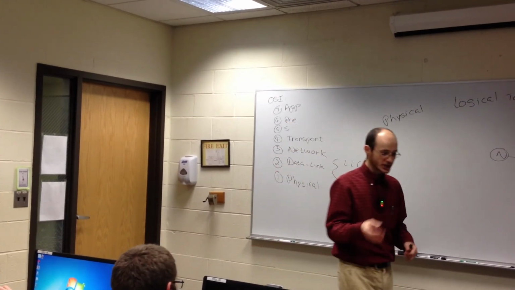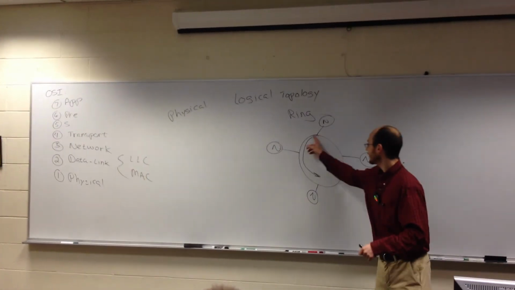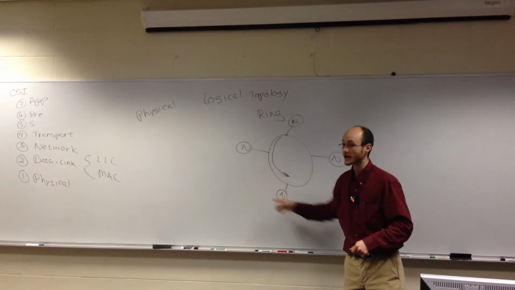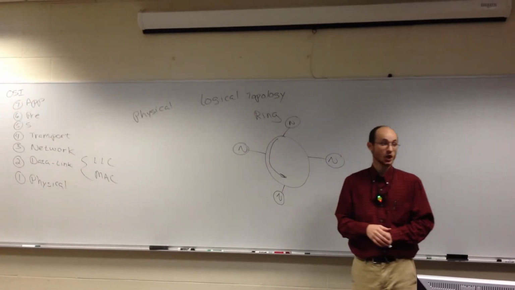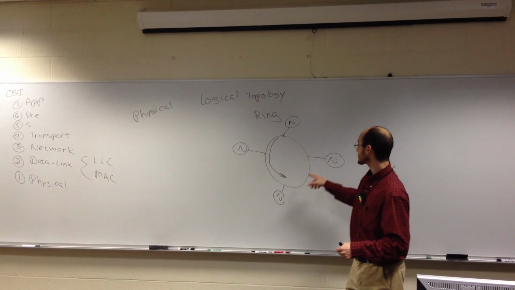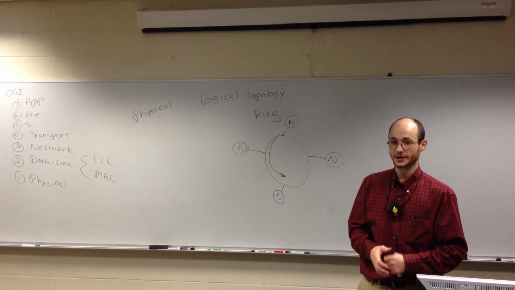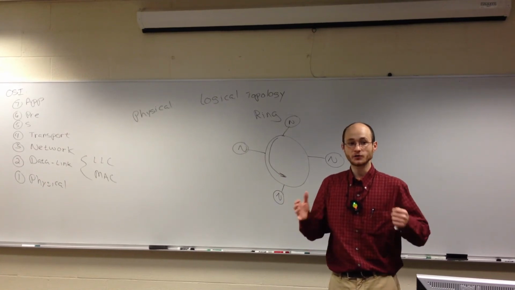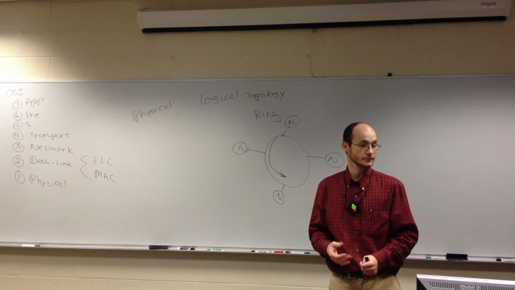If you have a yield sign, the only time you're allowed to go is when nobody else is on the shared pathway, when you can do it without getting in an accident. That's the right-of-way. We clear about that? So these devices are allowed to talk to each other only when they have a token. It's like a microphone. If you have the microphone, you're allowed to talk. If you don't, you have to listen.